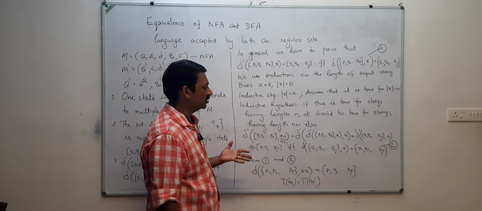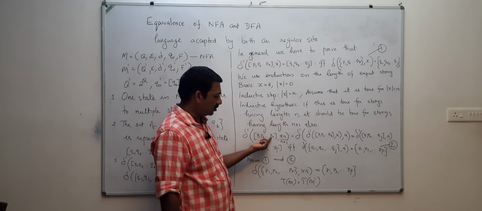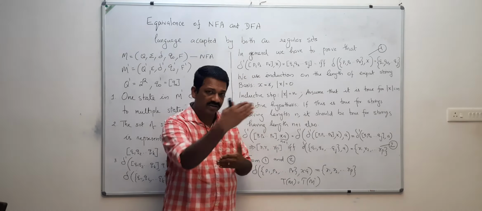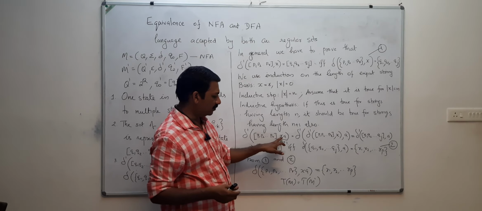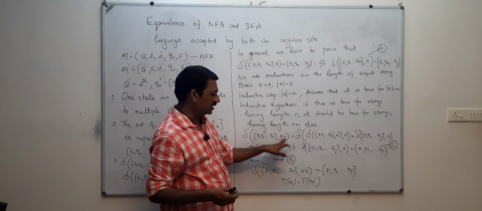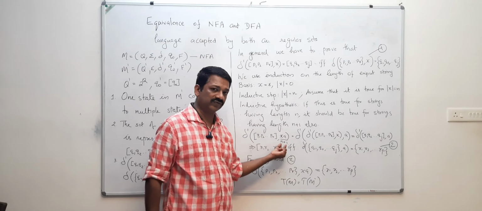That is our assumption. Now P1, P2, PR on XA. That means one more symbol is coming. After the input X, there is one more additional symbol A. That is why we are having length n plus 1.